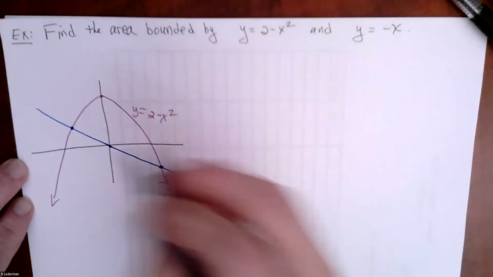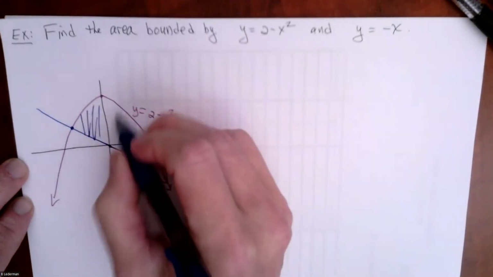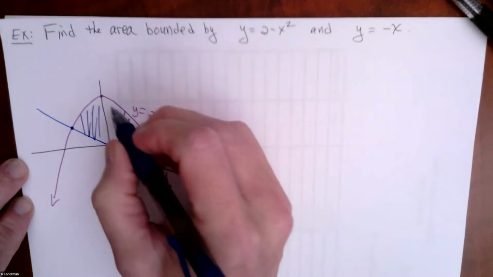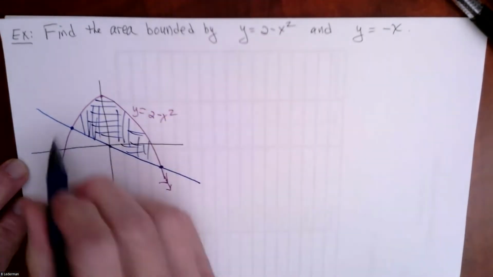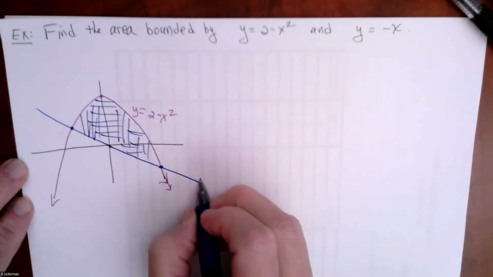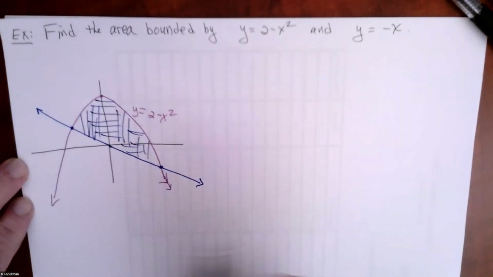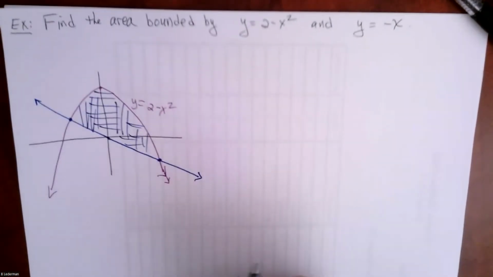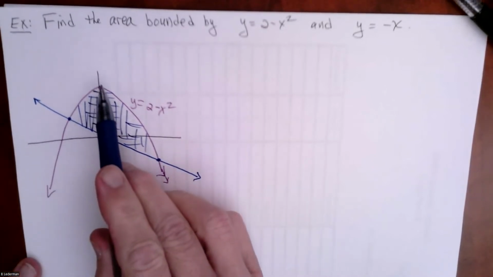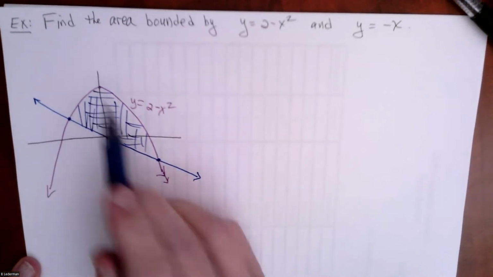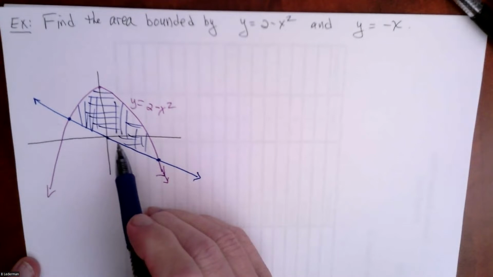And what I want is just this area that's in between these two curves. By the way, even though the bottom curve is a straight line, we still call it a curve. And that's very simple. I'm just going to take the integral of the top, the purple top, minus the blue bottom.